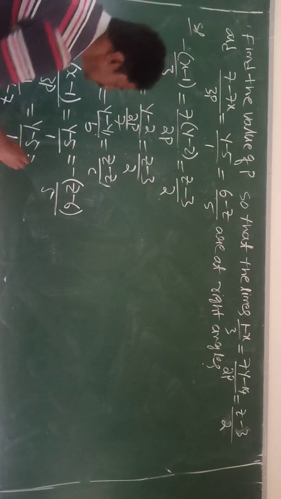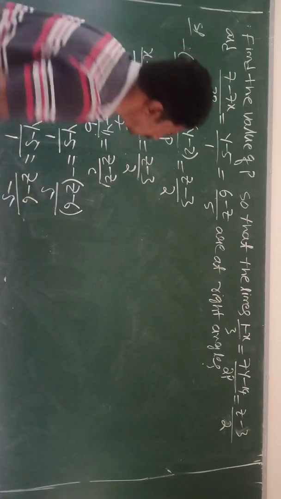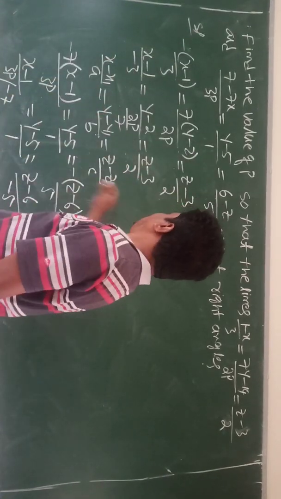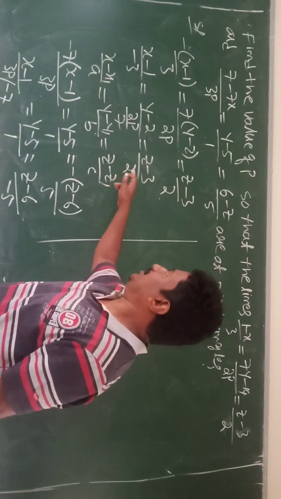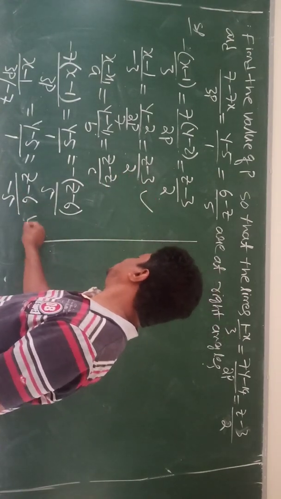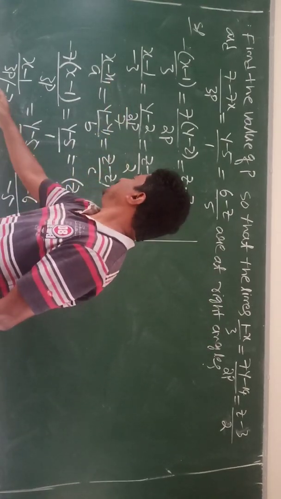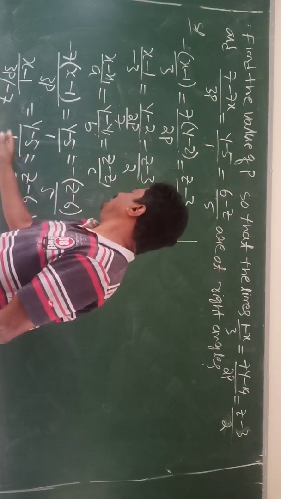Bring that minus down: (z minus 6) by minus 5. Now observe these two standard lines, with A, B, C as A1, B1, C1 and A2, B2, C2.